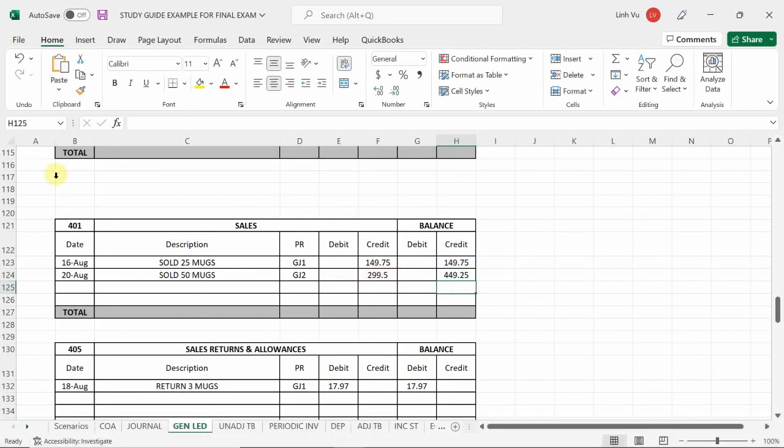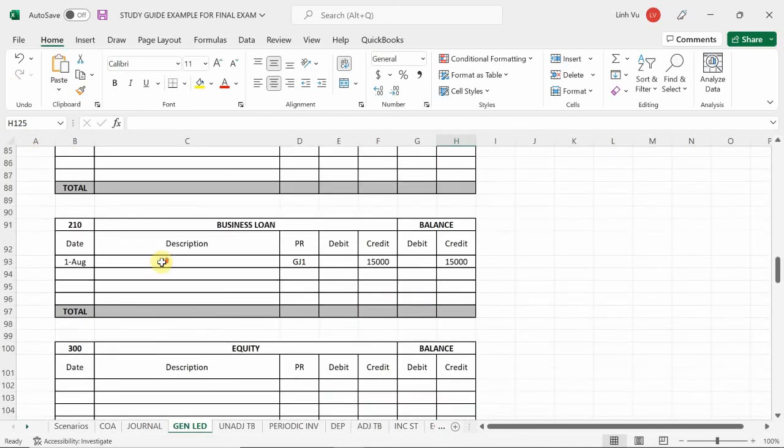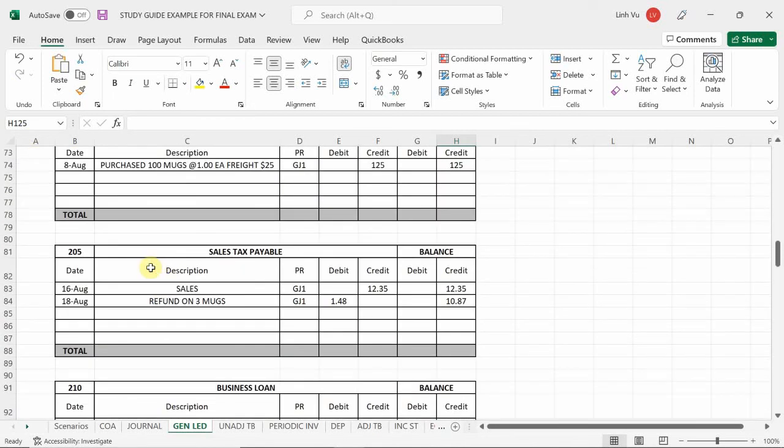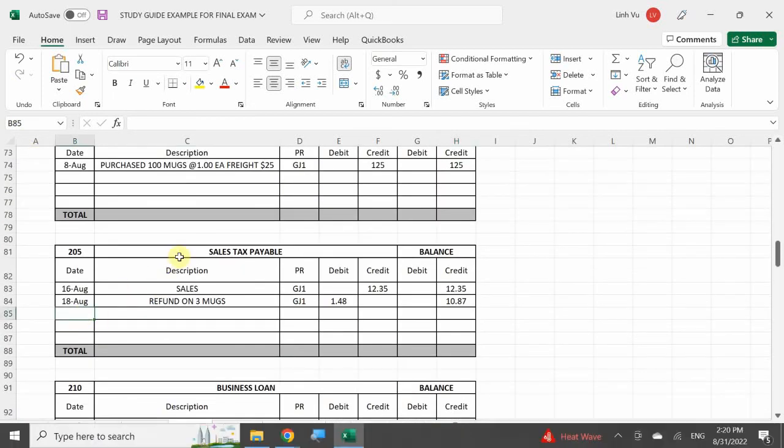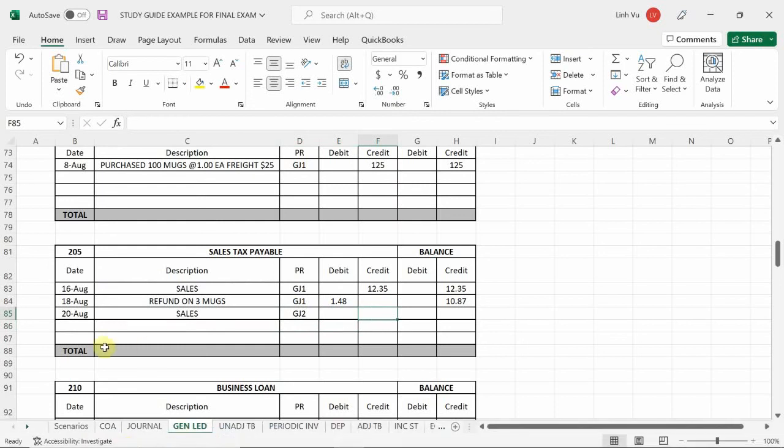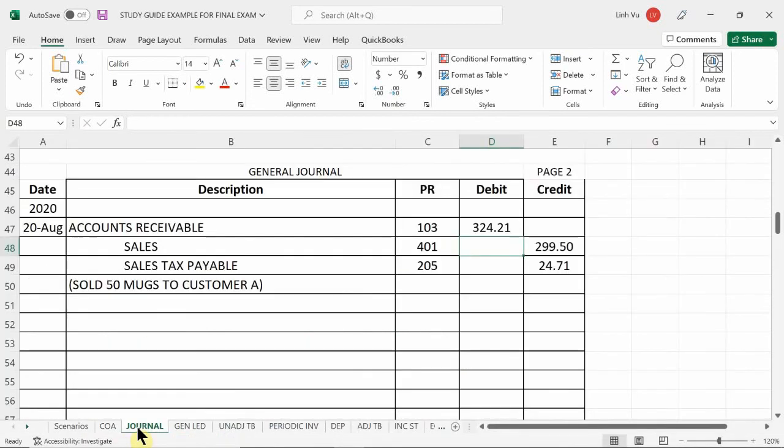We also charge sales tax on this sale, for a total of 24.71.